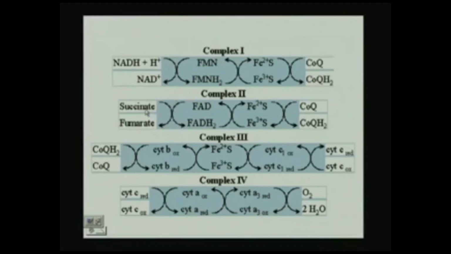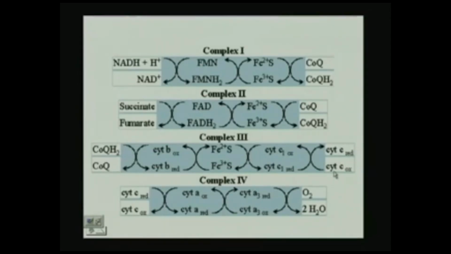In complex 2, we have succinate going to fumarate, which again forms CoQ going to CoQH2. In complex 3, CoQH2 forms CoQ back again, which can then be utilized again in complex 1. And we have cytochrome C, the reduced form, being oxidized.